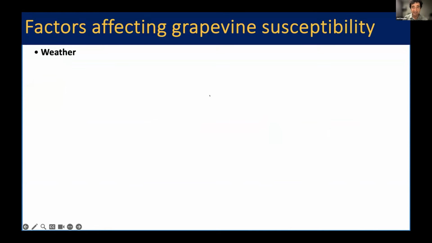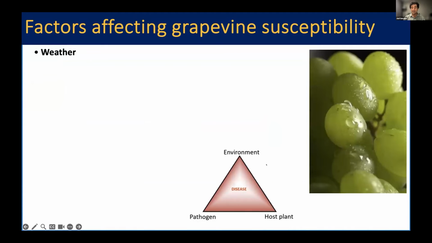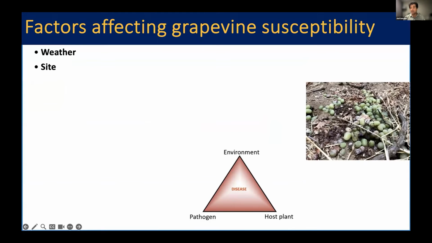So what are the factors affecting it? As you remember, we talked about the disease triangle. Even though you have a host and a pathogen, the environmental condition, which could be weather and moisture, could be a good point for the pathogen to colonize, which is very, very important. Site is very important.